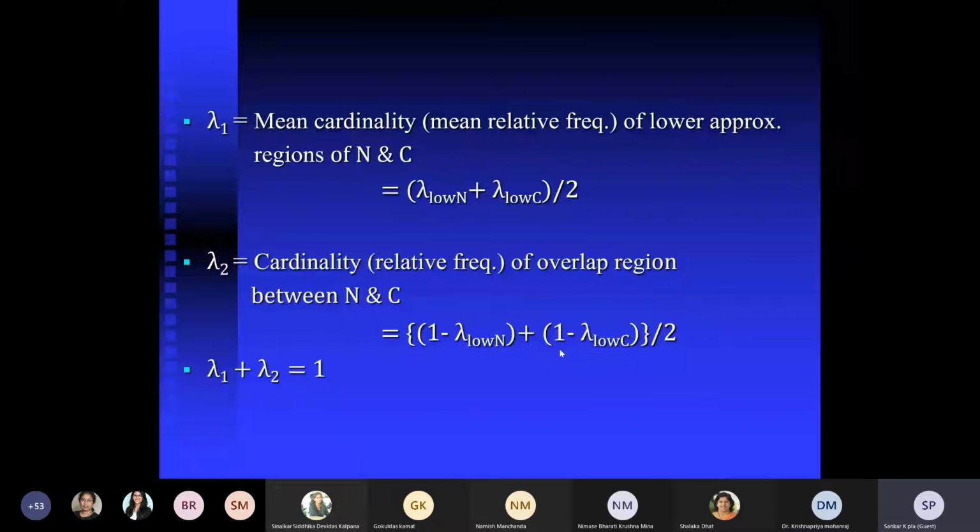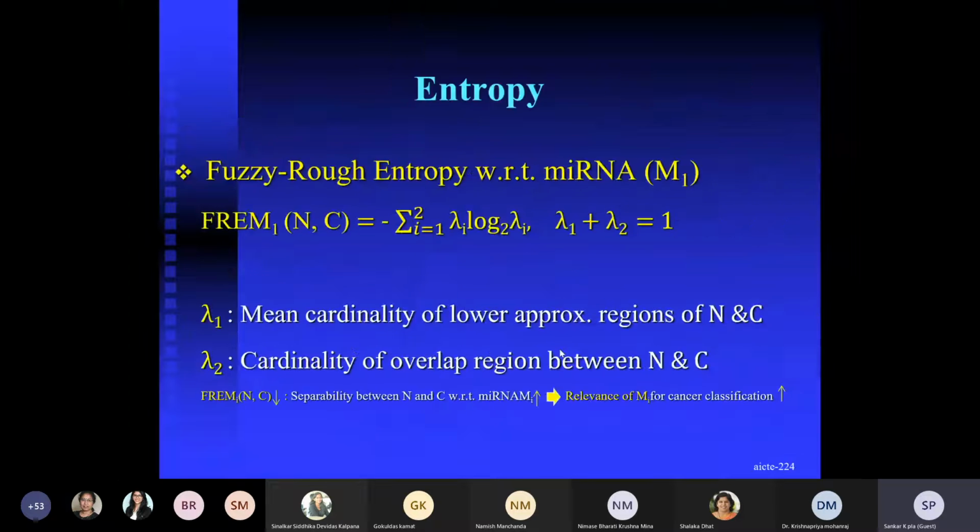So after having this, you can compute entropy by using the logarithmic entropy function as the entropy value of microRNA M1, considering normal and cancer classes, as the sum of lambda i log lambda i, where lambda 1 plus lambda 2 equals 1. What is lambda i?